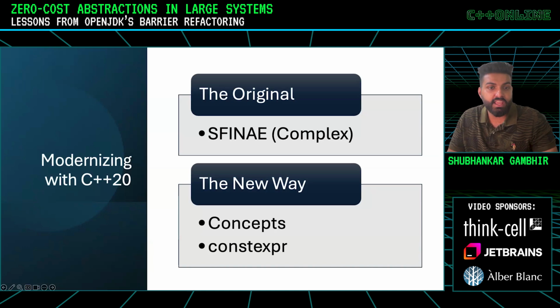The complex SFINAE routing can be replaced with highly readable C++ concepts to constrain the templates. And the has_decorator integral constants can be evaluated natively using if constexpr, removing a lot of the template boilerplate. The architectural pattern still remains brilliant, but modern C++ makes it significantly easier to read and maintain.